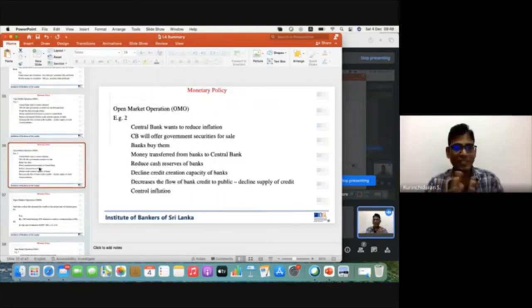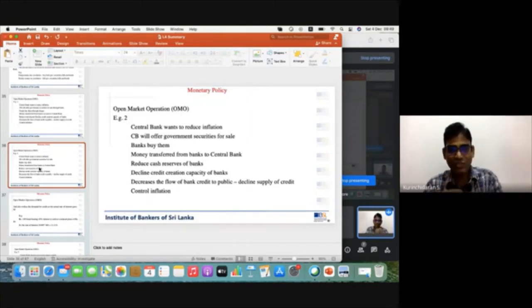So now it's the other way around. If the central bank wants to reduce inflation, as we discussed already, the central bank will offer government securities for sale. Banks buy them, so banks get the securities and then transfer their money to the central bank.